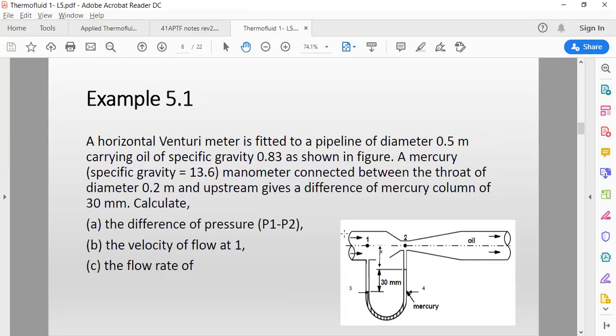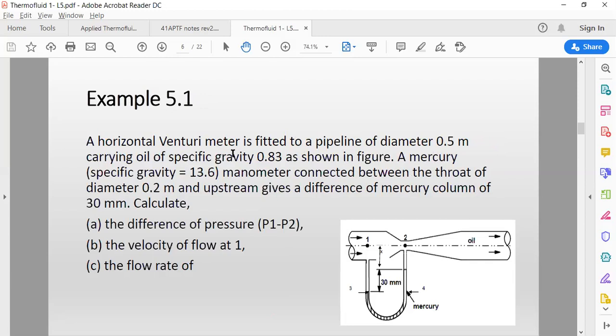So we can look at the example. We have a horizontal Venturi meter fitted to a pipeline of diameter 0.5 meter, carrying an oil of specific gravity 0.83. The mercury with a specific gravity of 13.6 has a manometer connected between the throat, diameter 0.2, and the upstream, giving a difference in the mercury column of 30 mm.